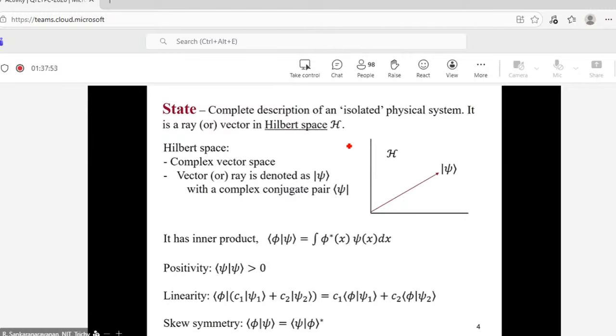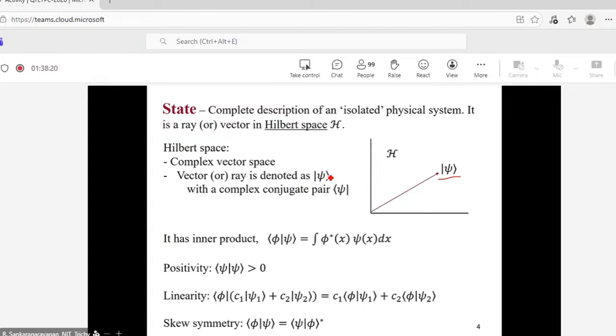In this complex vector space, we define the state of a system by a complex vector or a ray, denoted by ket psi. Ket psi is a notation given by Paul Dirac for convenience. There is nothing religious or spurious about it. It's just a symbol, an abstract representation of a state.